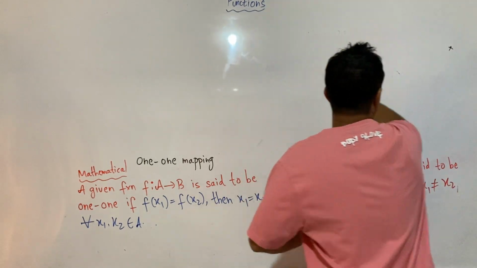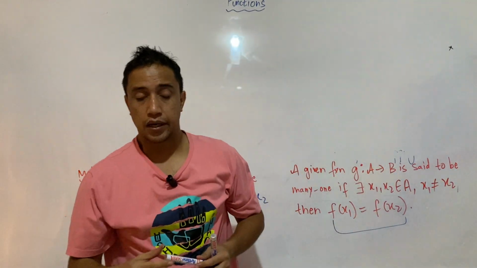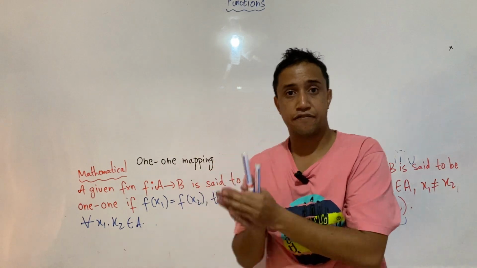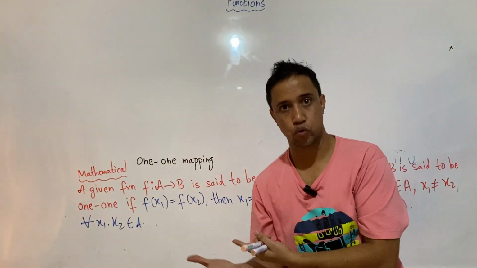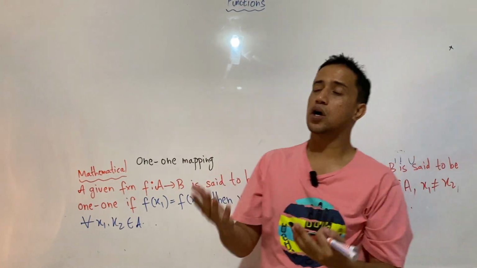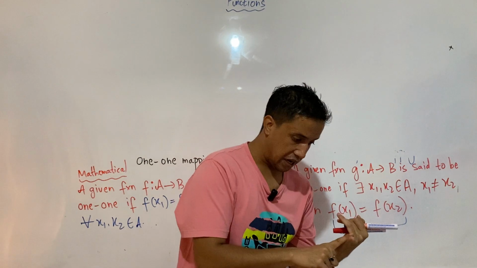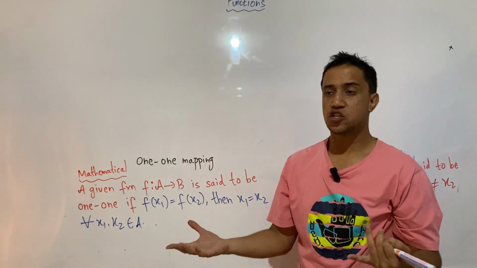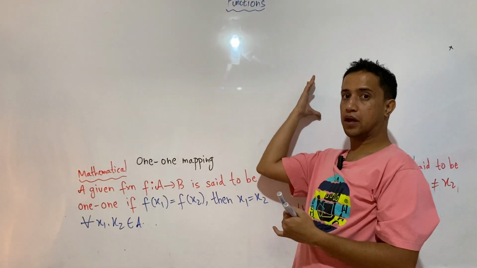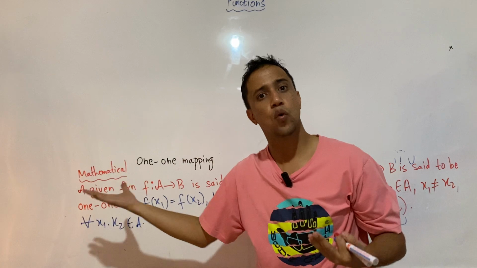Now see here, if your function is not one-one, it means it has to be many-one. So when you see any function, it has to be either one-one or many-one. If it is many-one, then it's fine. If it is not many-one, then it means it is one-one.